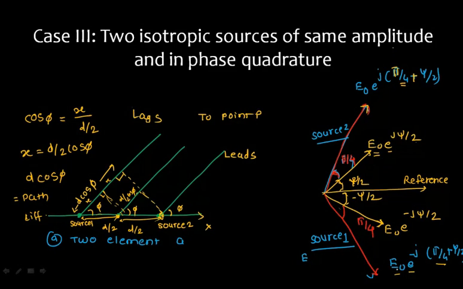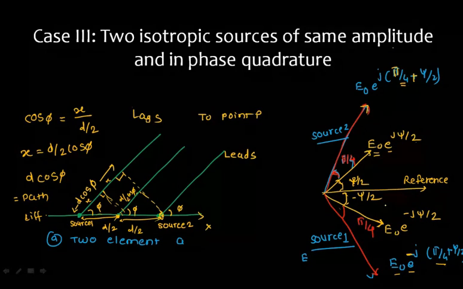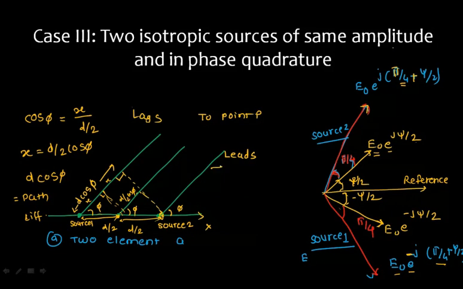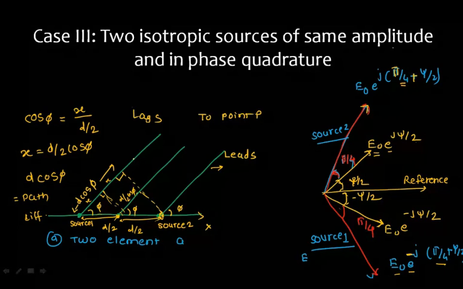You need to put that pi by 4 in addition to the psi by 2, but the sign will be negative as you're placing around plus and minus. So lag and lead will be there. This particular source, source 2, leads by psi by 2, and this lags by psi by 2, and that's why this particular phase difference is shown here.